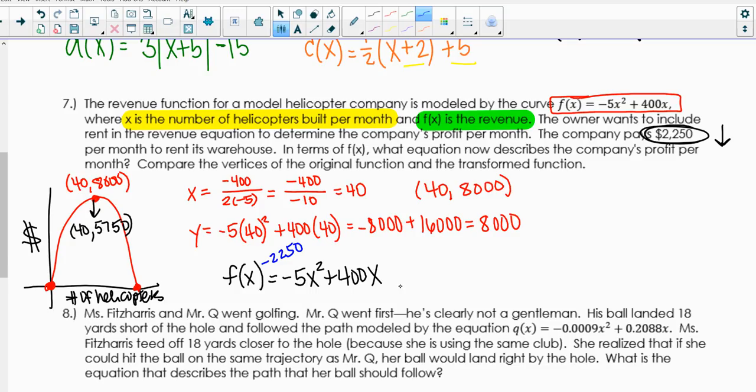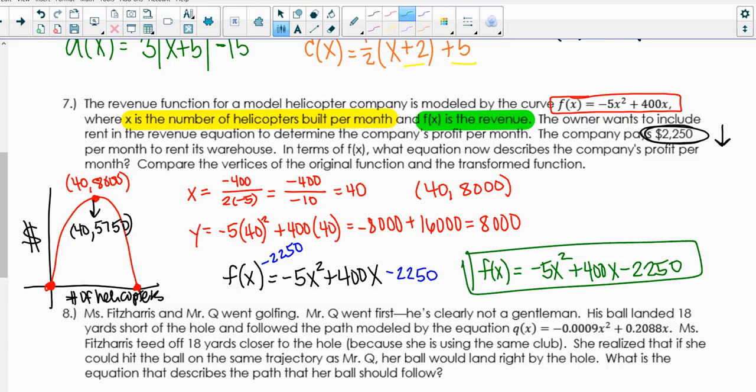But what you do to one side, you have to do to the other, right? So our new revenue function would be f of x equals negative 5x squared plus 400x minus 2,250. And that would be your new function.